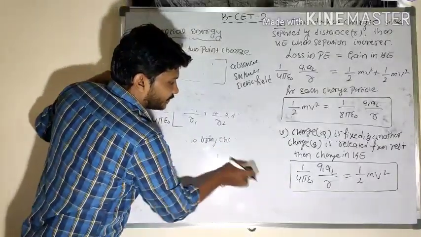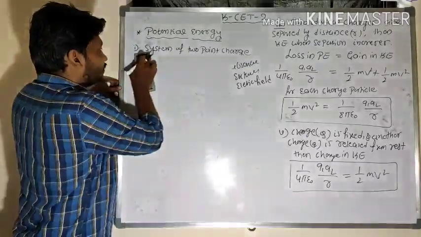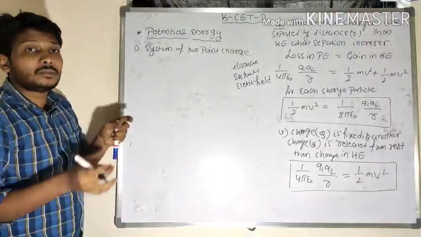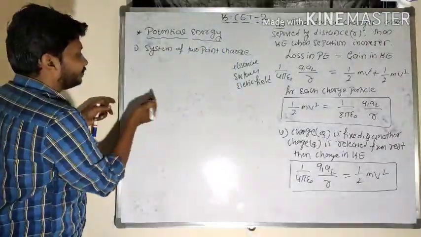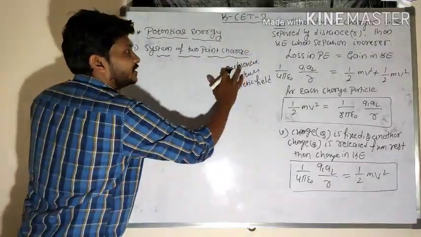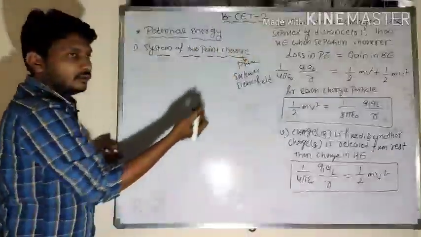Suppose an external electric field is there, and I consider two charged particles placed in that external electric field. Then what about the work done to bring one charged particle from one point to another point here? Potential energy for a system of two point charges in the presence of an external electric field. What will be the equation here?